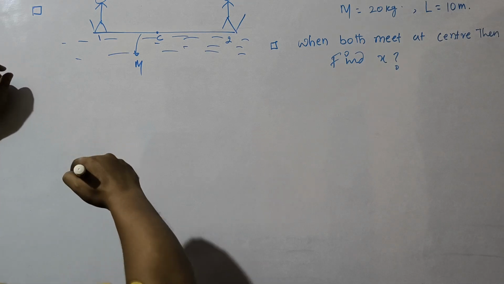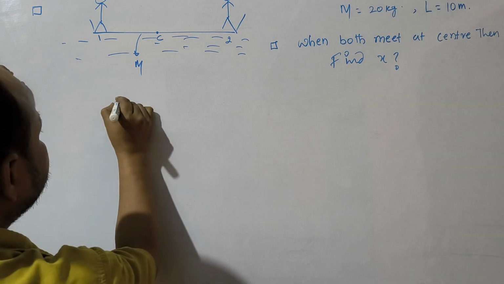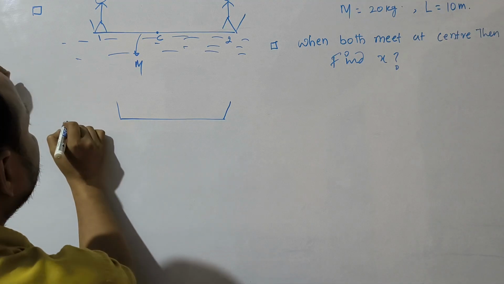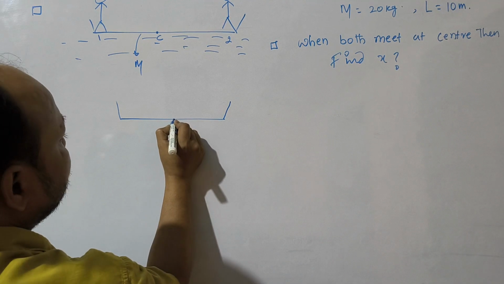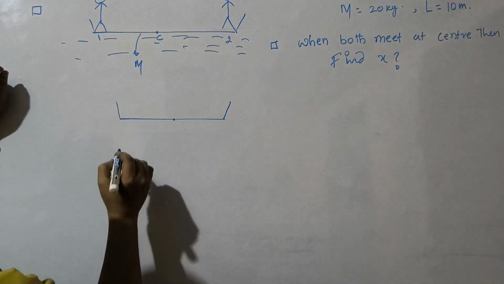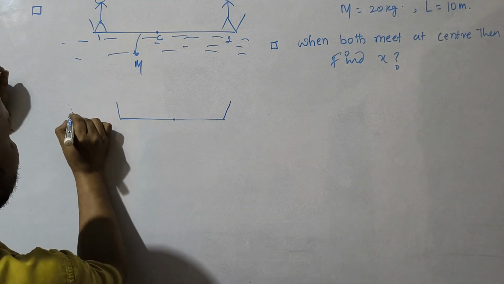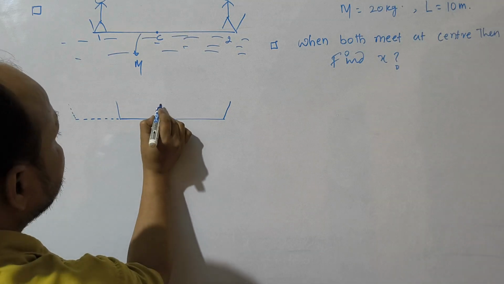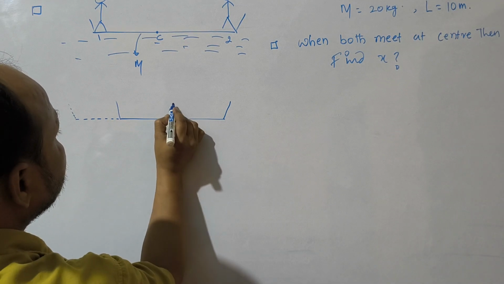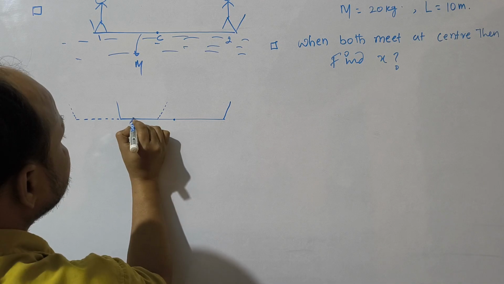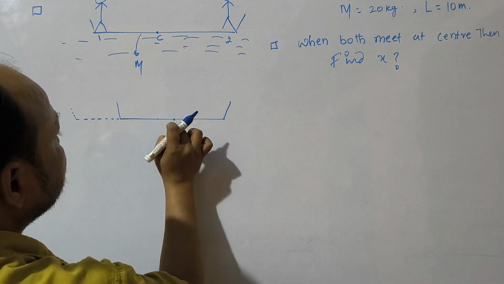Same concept, same process we will apply. Let's shift the boat in the backward direction. I am assuming backward shifting. So this is the initial center. If the boat has shifted by x, the center has shifted to this.